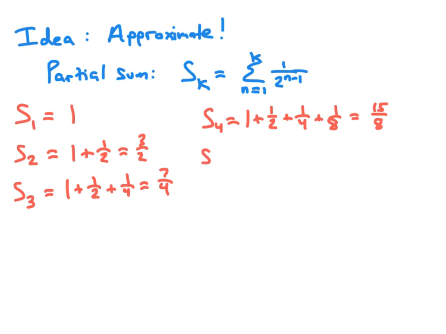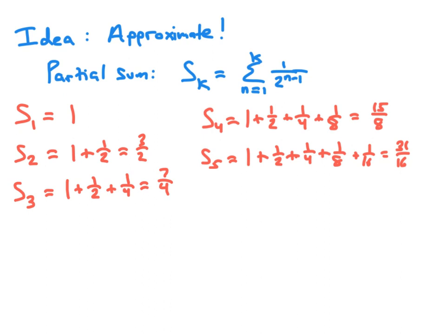And we can compute one more, S sub 5. This is the sum of the first five terms, which would be 1 plus 1/2 plus 1/4 plus 1/8 plus 1/16. And this will equal 31/16 when added together. And so here we have the first five partial sums of our particular series.